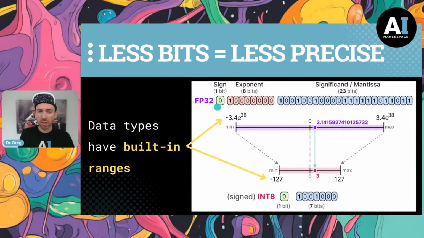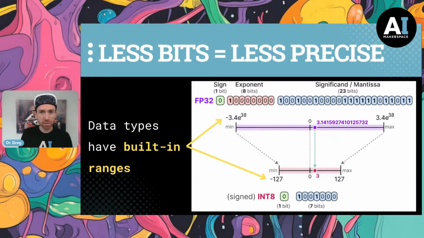So in a full precision 32-bit representation, this is the kind of thing we download a model in, we can represent like, wow, 10 to the 38th numbers. That's a lot of numbers. Whereas in an int 8 range, we're only looking at 128 basically, right? Like we're not in this scale of the universe space.